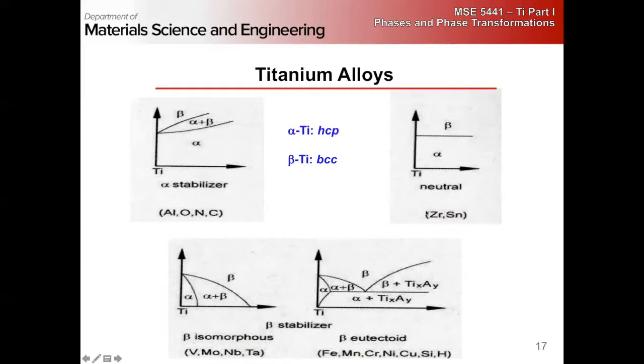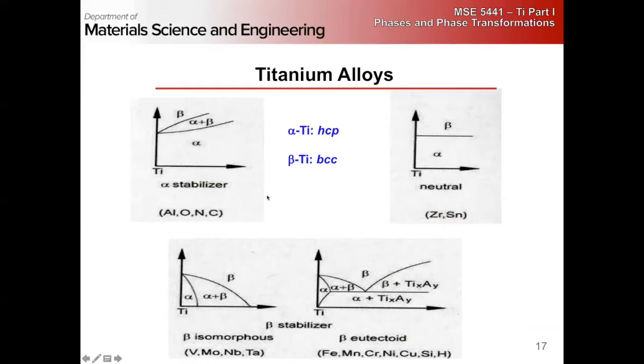zirconium, which is also a group 4 metal, and tin are essentially neutral on that transformation, right? And so we have a phase diagram that looks like the pure metal.